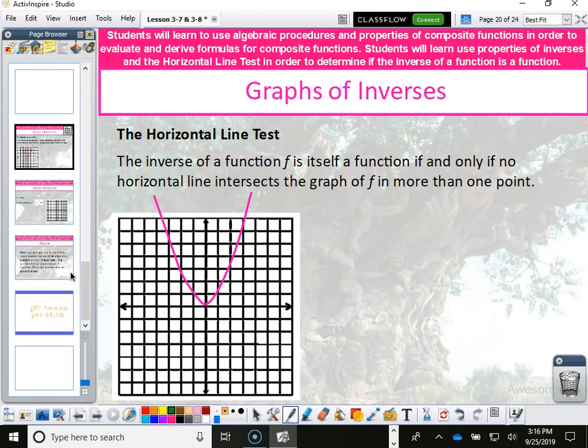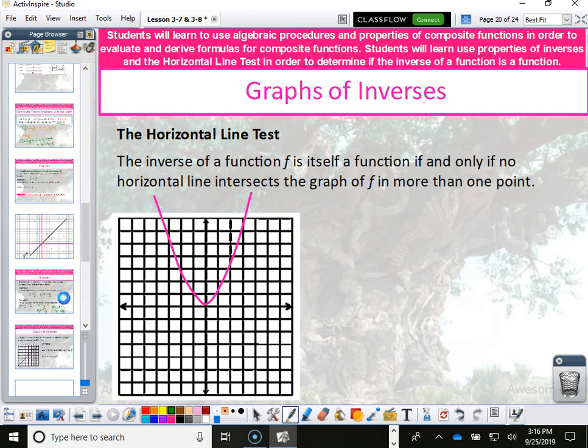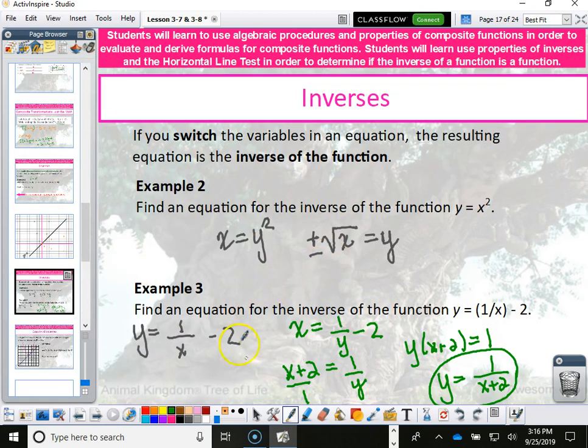When we go back here to these two functions, we found the inverses, right? It'd be nice to know, aside from graphing, how those are right.